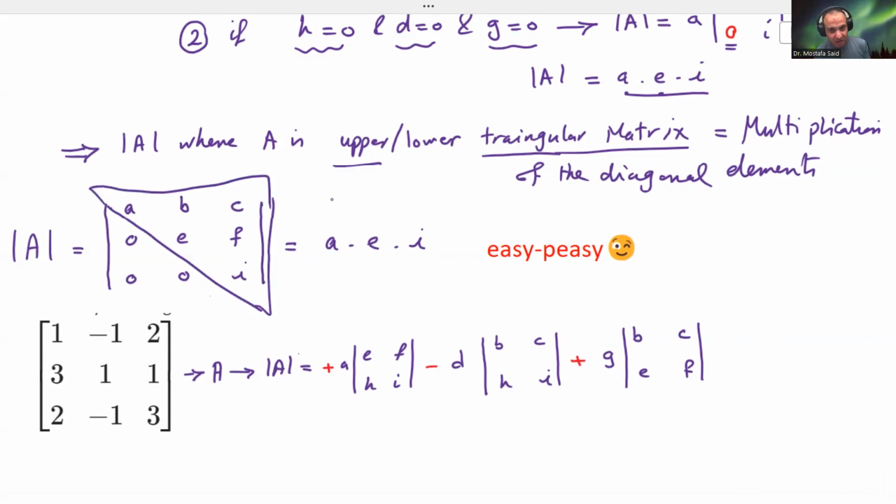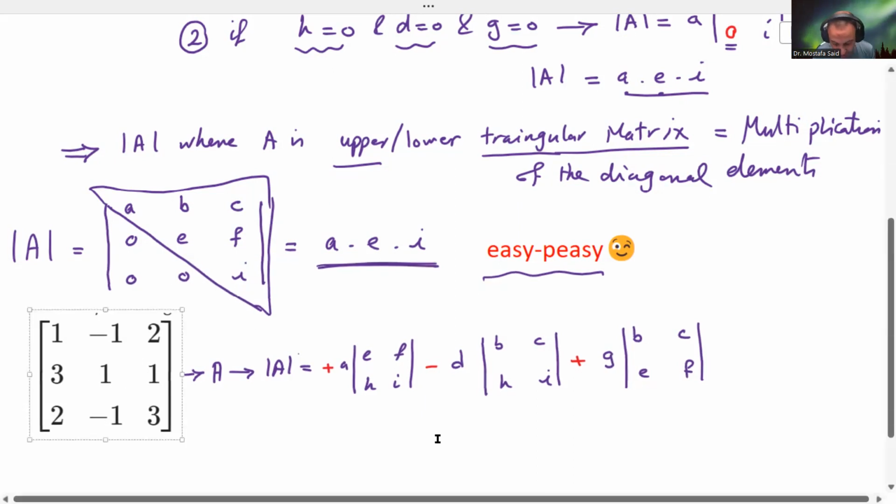That's why they call it an upper triangular matrix. So in that case, the determinant will be just the multiplication of the elements on the diagonal, AEI. Very easy, easy peasy.